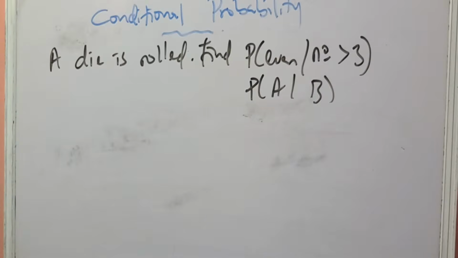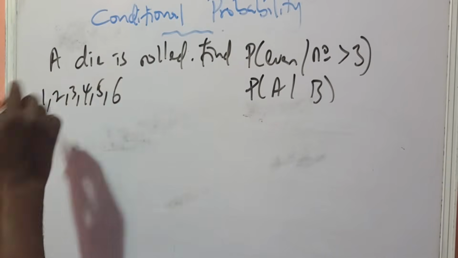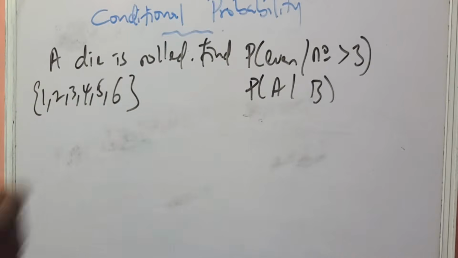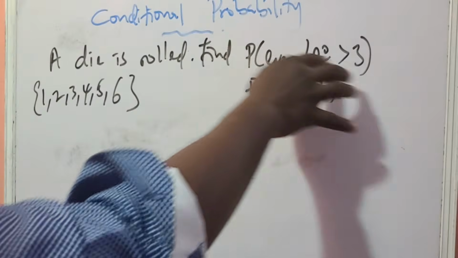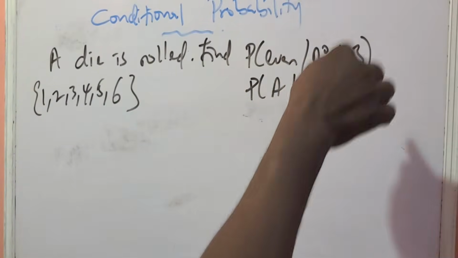When you roll a die, obviously you all know what you're going to have: 1, 2, 3, 4, 5, 6. Right? I believe nobody is questioning this. But we're not dealing with the whole scenario now. We're dealing with just this condition: probability of even given number greater than 3.